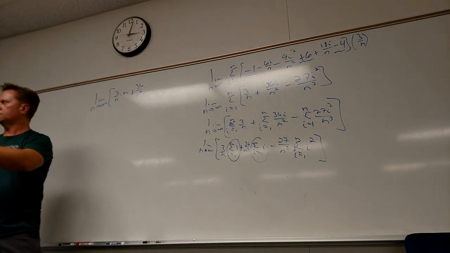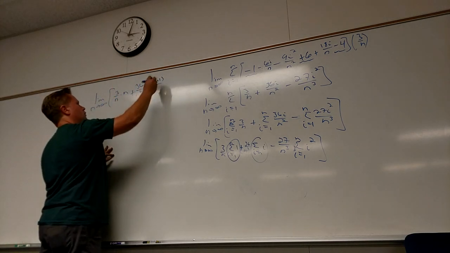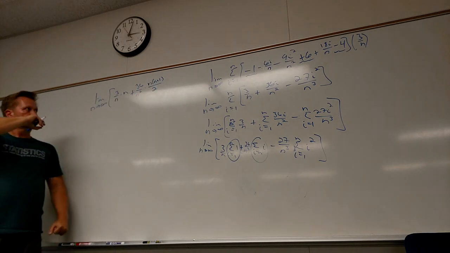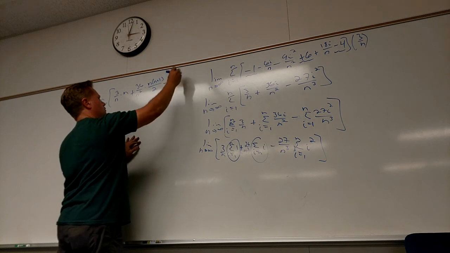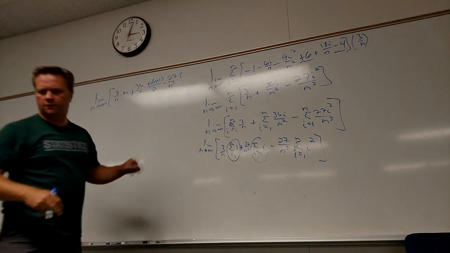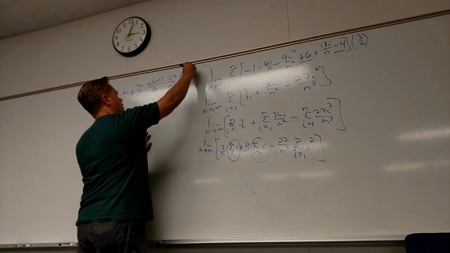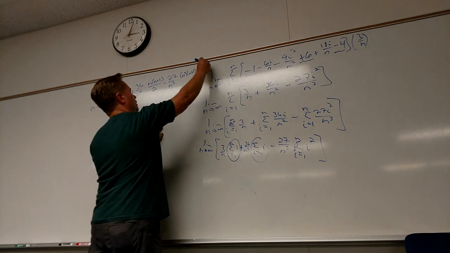I'll give it to you if I want you to use it. n times n plus 1 over 2. Remember that? We just did that one earlier. Minus 27 over n cubed times the weird one that I always forget. n plus 1, 2n plus 1, all over 6.